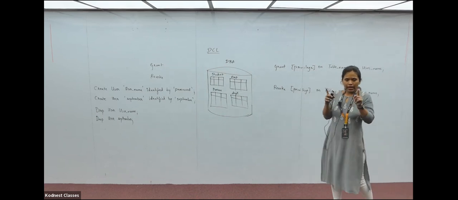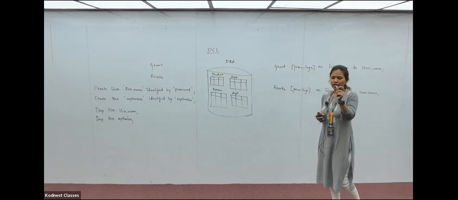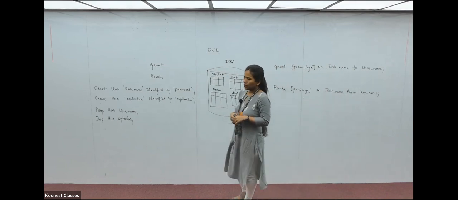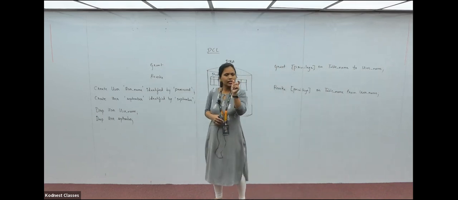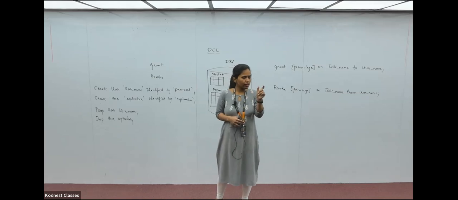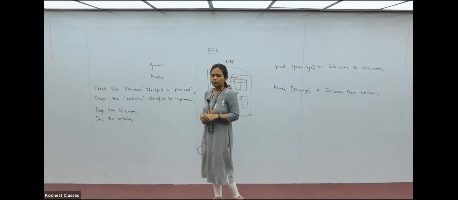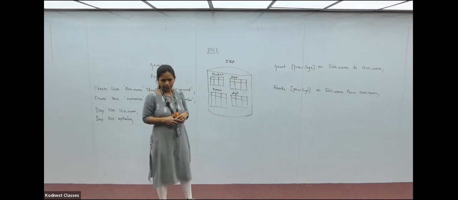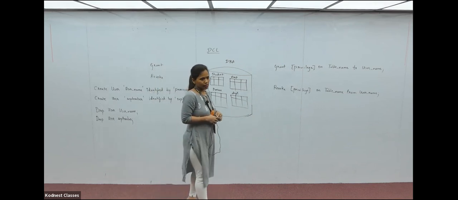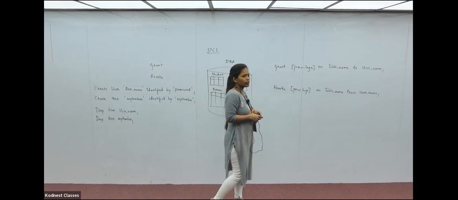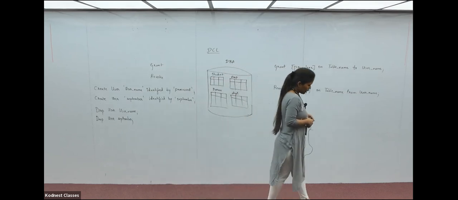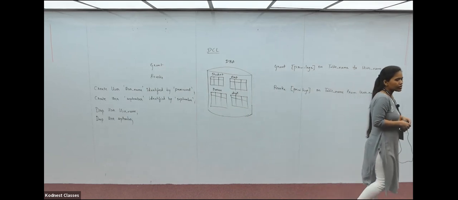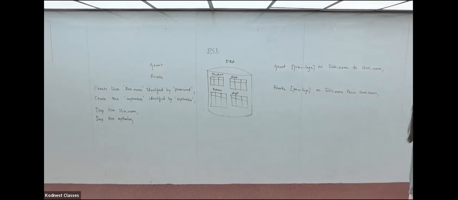In the parenthesis, write privilege, because permissions are nothing but what they call privilege. Okay, write that word in the parenthesis. Grant command is used to give or grant the permissions to the users.